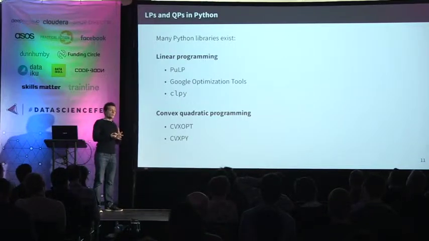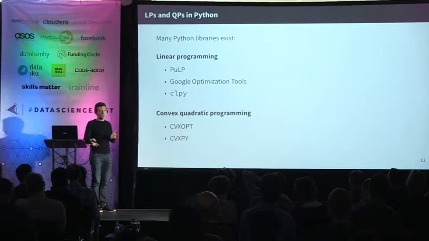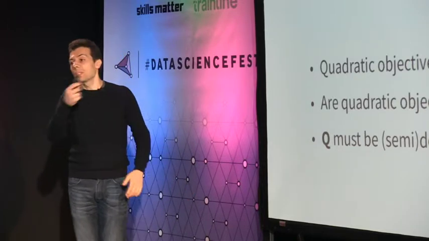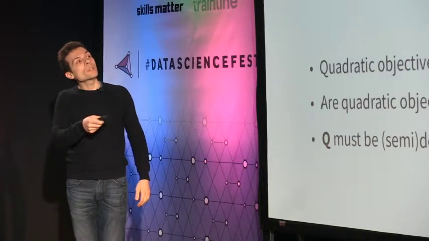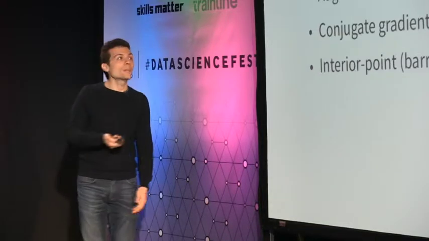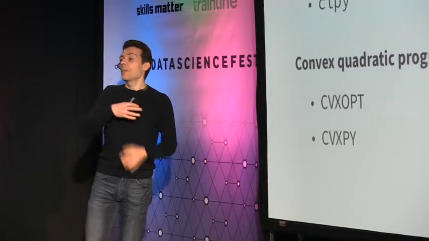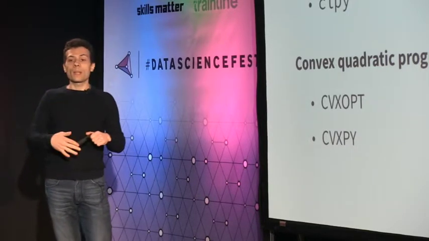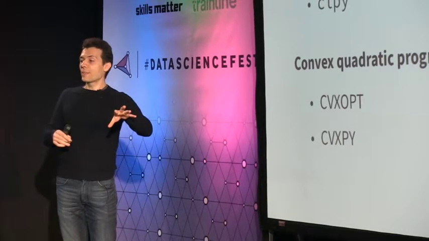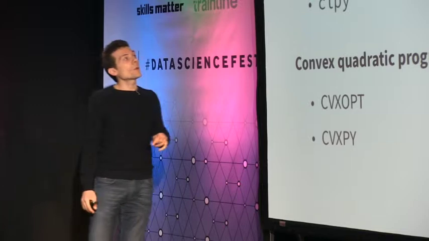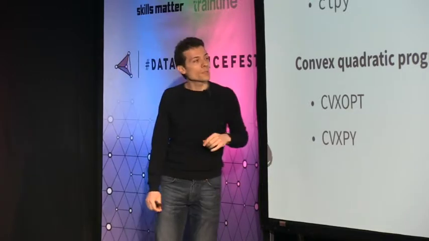If you're trying to define the problem just in terms of the matrices, which is what I was trying to show you earlier, so if you define somewhere else in your code your Q matrix and your C vector and your A matrix, etc., then this is quite complicated to do in Pulp. That's very good if you're just programming yourself, building up the problem constraint by constraint. If you're doing all the heavy maths somewhere else and just want to call the solver, then that's quite complicated, hence the existence of this.